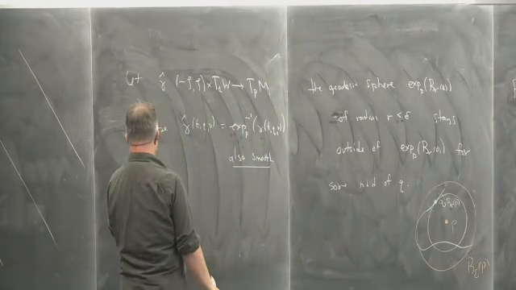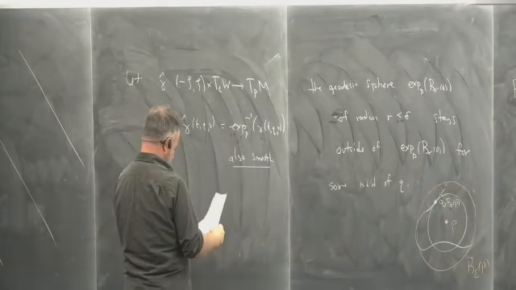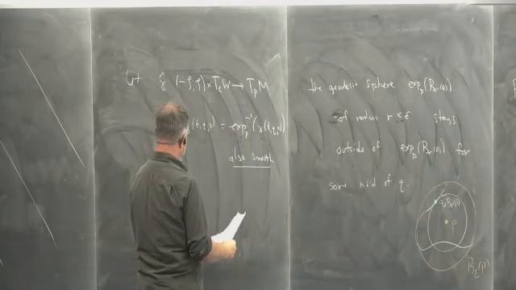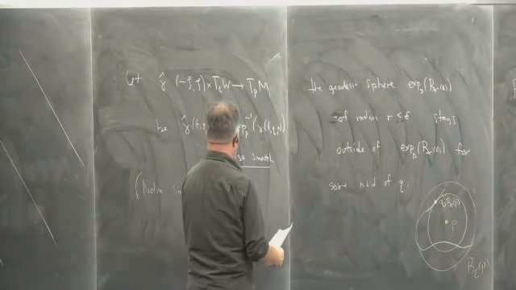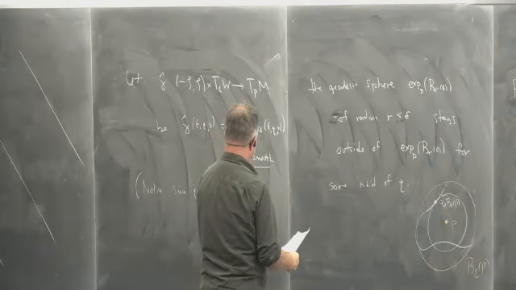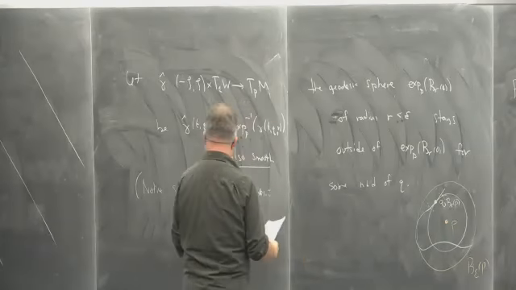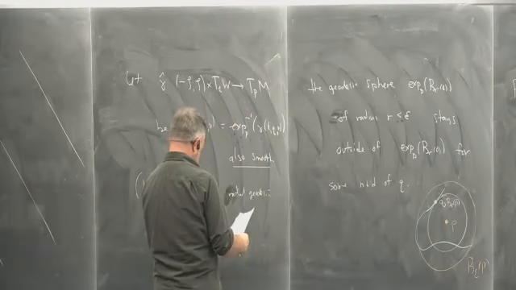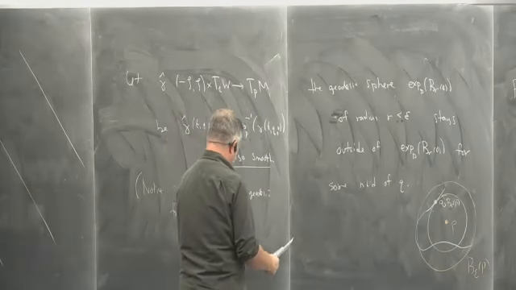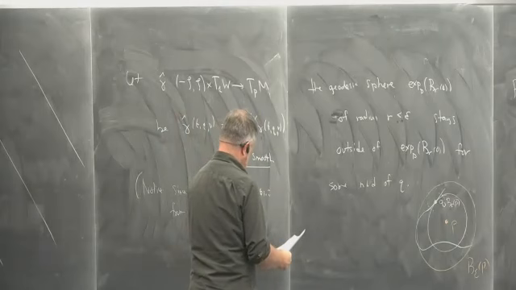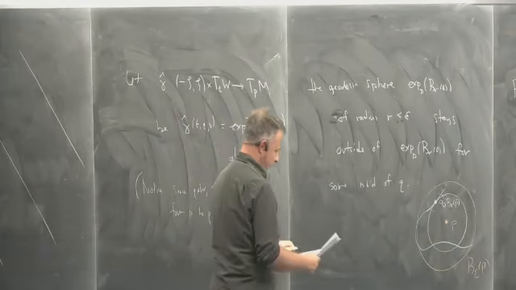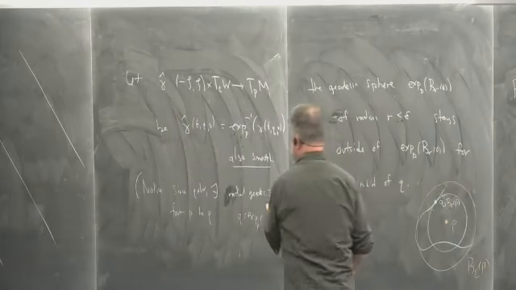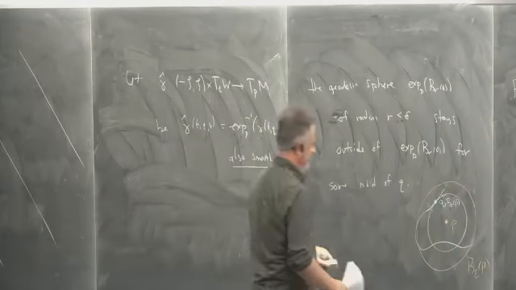So notice, since Q is in W, there exists a radial geodesic from P to Q. Right.